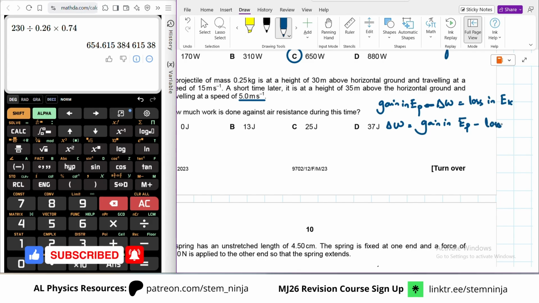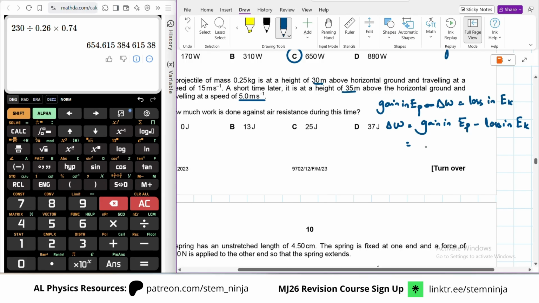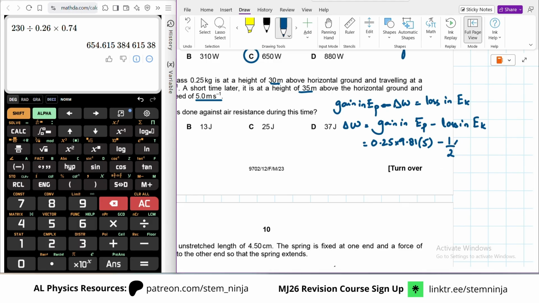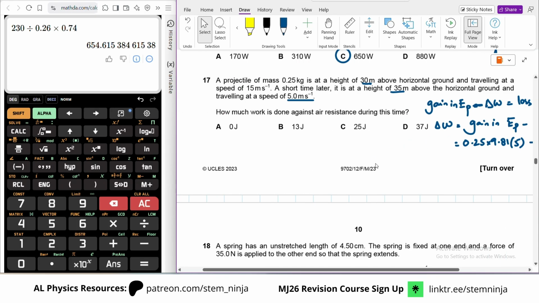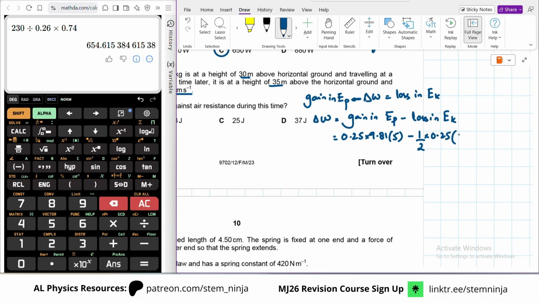So we can actually figure this out. It is first at 30, then at 35. So 0.25, 9.81. It has gained a height of 5 meters, minus half m v squared. So m is 0.25. The speed is decreasing, so 15 squared minus 5 squared.